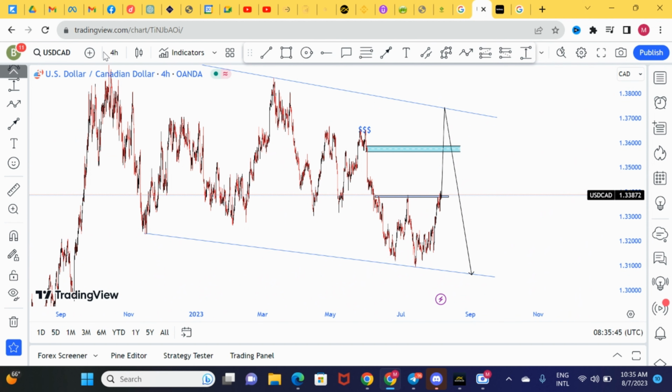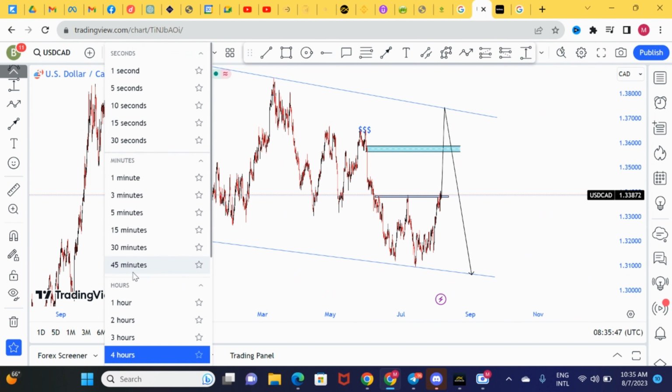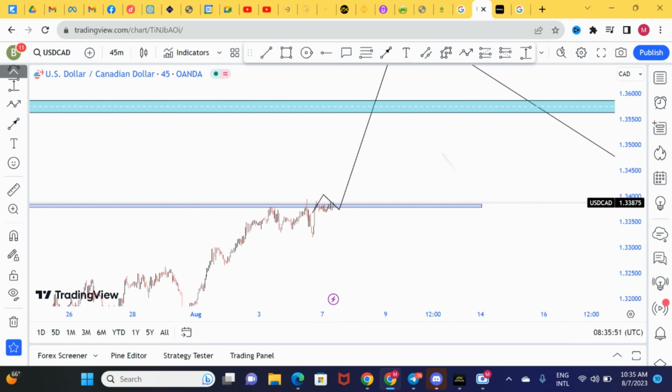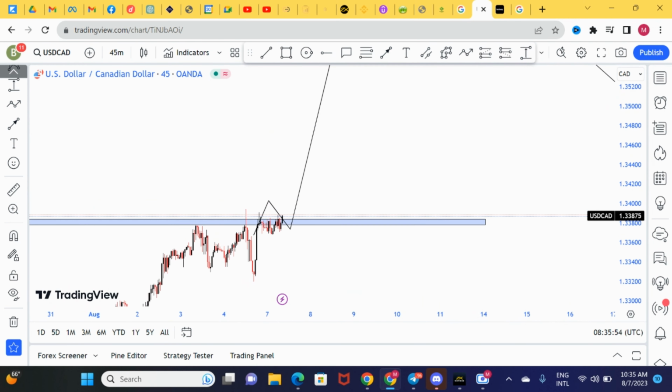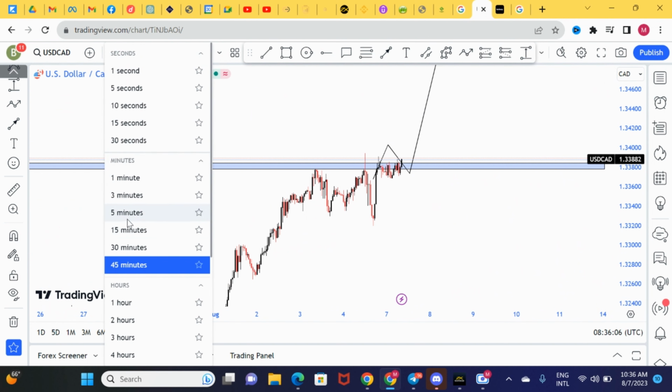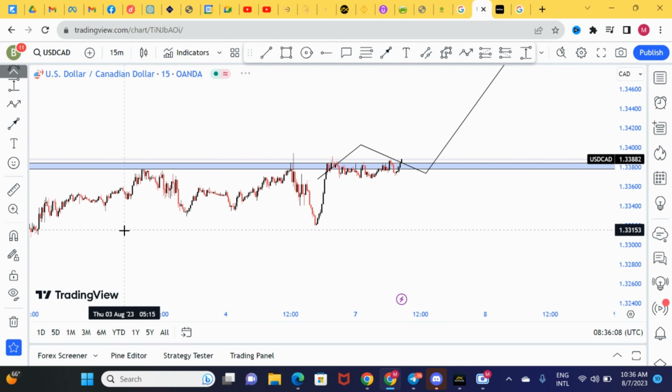What we can do now is go to the lower time frames, and once the market breaks and retests, we should find an opportunity to enter a buy. Let's see how it's going to close, and then retest in this zone, and now we will be able to take our buy entries.